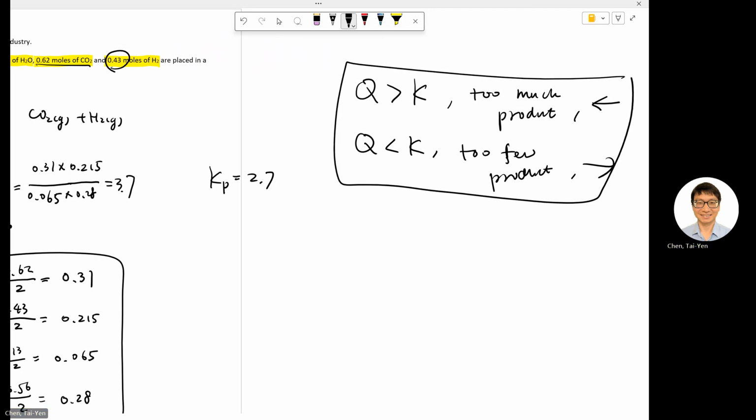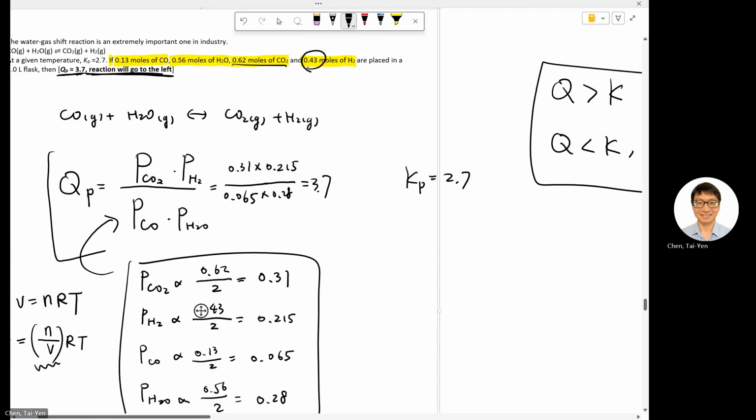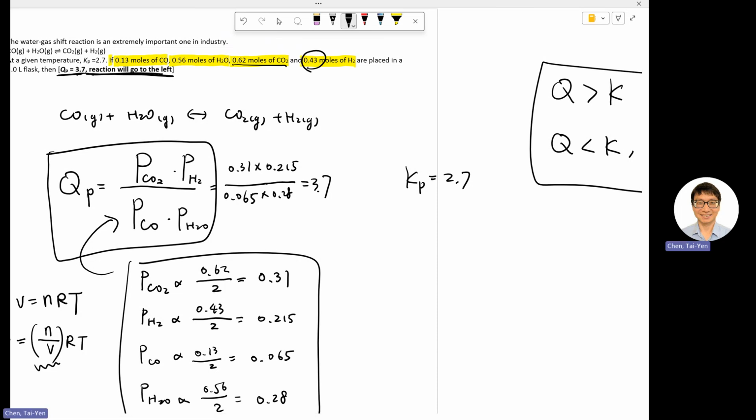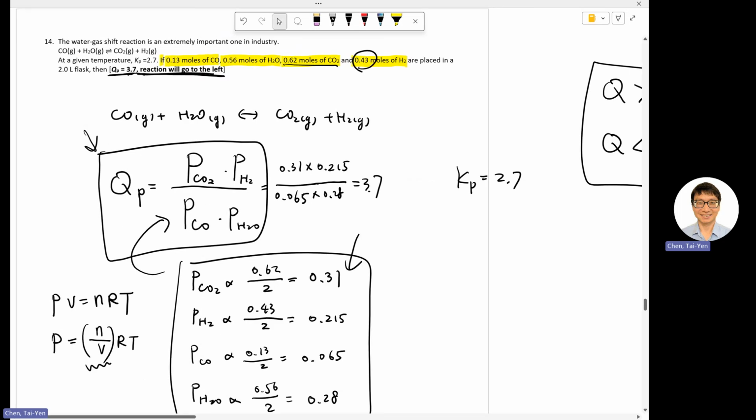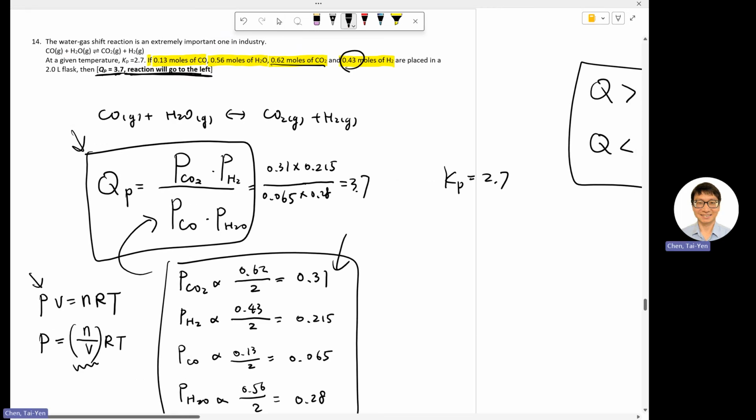With that in mind, the next thing you should be able to do is, based on the equation, write out the proper expression to calculate your reaction quotient Q. This is why these things matter. Once you can write out Q, can you compute the proper values for each individual term? That's where you need some concept of PV equals nRT.